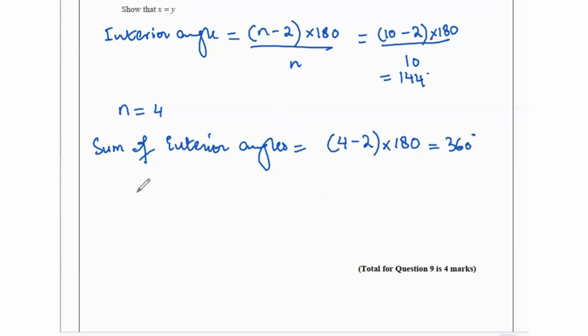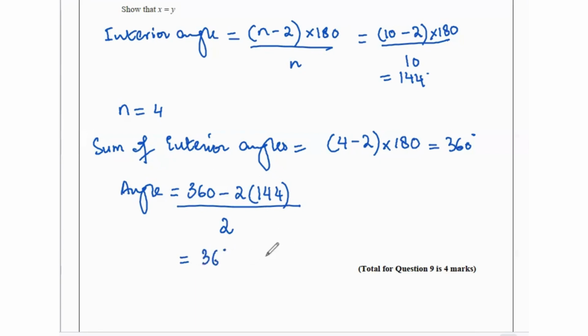So to find the other unknown angle, we do 360 minus 2 times 144, because we had two complete interior angles in that, divided by 2 because we had two equal unknown angles. So 144 times 2 is 288. Subtract that from 360, which gives us 72. Divided by 2 is 36 degrees.